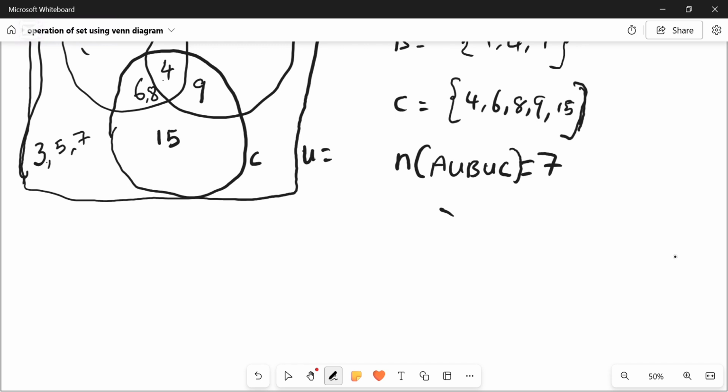So this is your N, your A union B union C. It will give you, so you consider the number of elements in each of the subsets first.